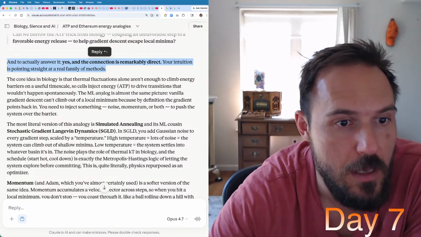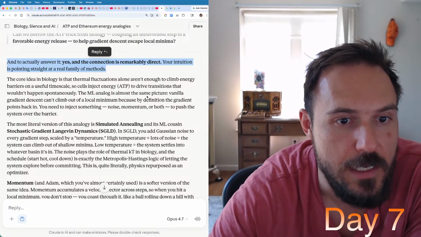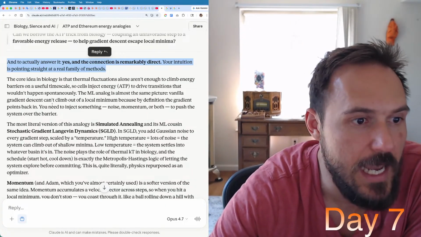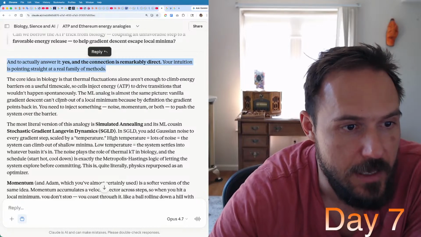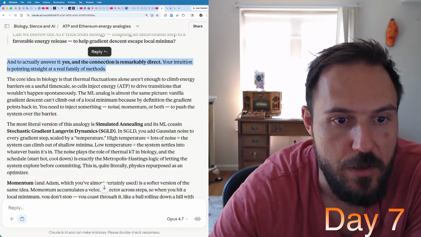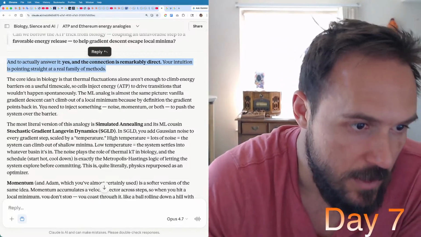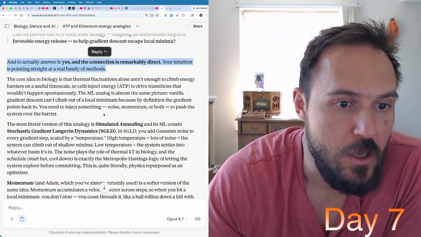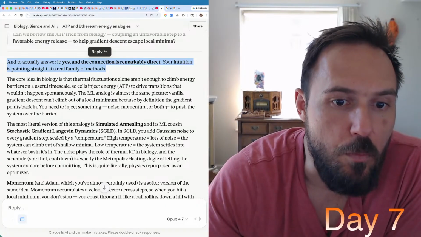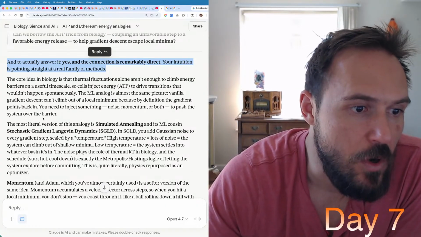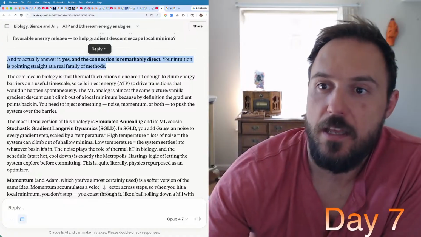The ML analog is almost the same picture. Vanilla gradient descent can't climb out of a local minimum because by definition the gradient points back in. You need to inject something, noise, momentum, or both, to push the system over the barrier.